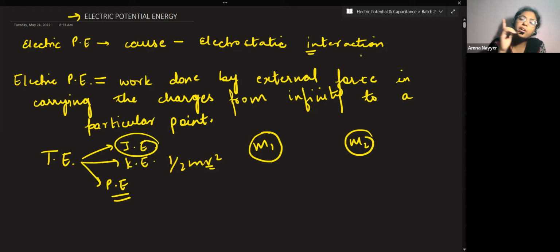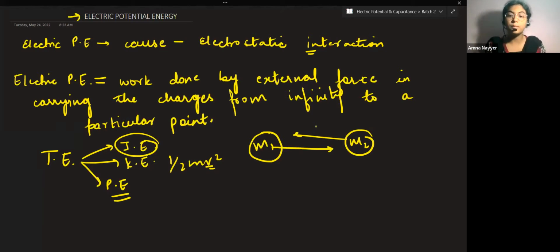If M1 and M2 are present, both of them will exert gravitational forces on each other. So the energy associated, because both of them are exerting force on each other, is known as gravitational potential energy.